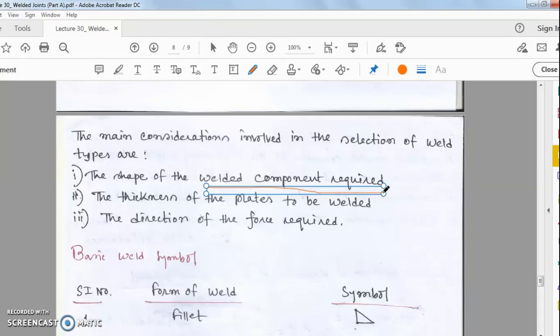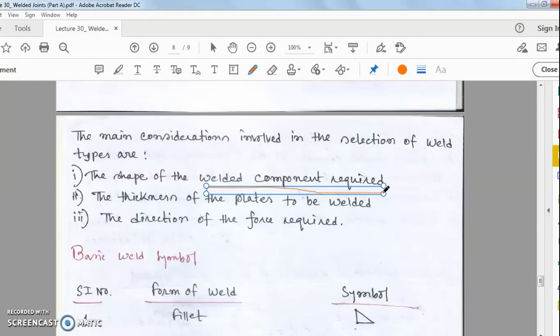Next, point 2, the thickness of the plates. As I already told you, if the thickness of the plate is less than 5 mm, you do not require beveling. If the plate thickness is 5 to 12 mm, then you require the double U or V type of beveling. So that is why thickness of the plate also matters. And third one is the direction of force required.